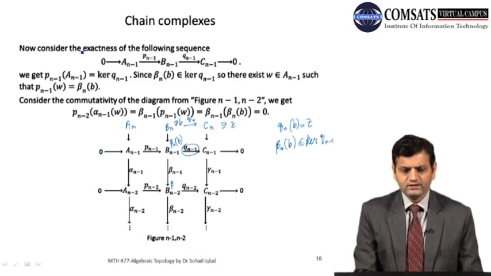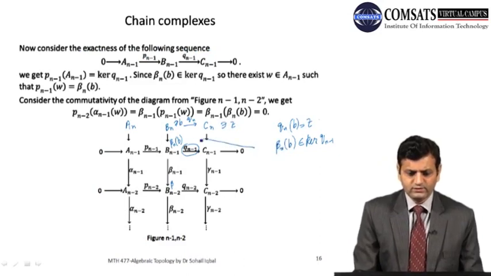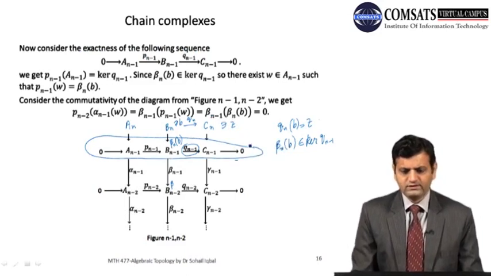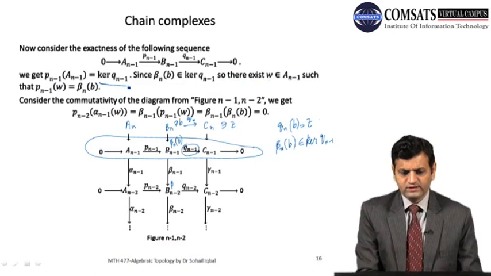Now consider the exactness of the following sequence. We are considering this portion of the exactness of the chain complexes. Now we get that Pn minus 1 of An minus 1 is equal to the kernel of Qn minus 1 due to the exactness, so the image of Pn minus 1 must be equal to the kernel of Qn minus 1. Since βn of b belongs to the kernel of Qn minus 1, as we proved in our previous discussion, there exists w belonging to An minus 1, because the kernel of Qn minus 1 is equal to the image of An minus 1 under Pn minus 1.